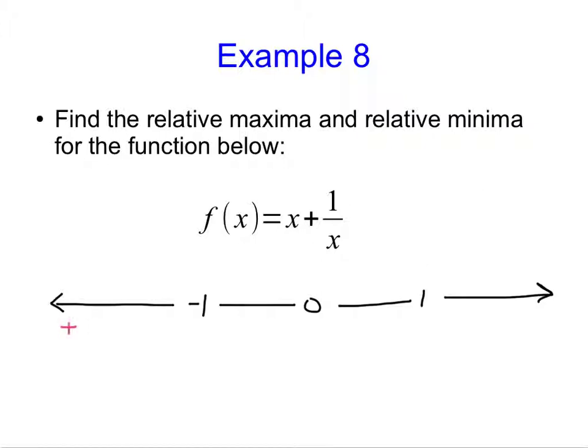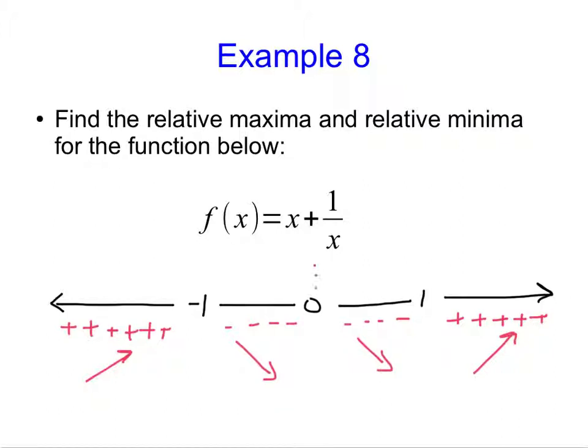We found out that it was increasing on 2 intervals, from -infinity to -1, and from 1 to positive infinity. And we found out that it was decreasing from -1 to 0 and from 0 to 1. And remember, there's an asymptote at 0 because that function is undefined at 0. It's not even part of the domain.